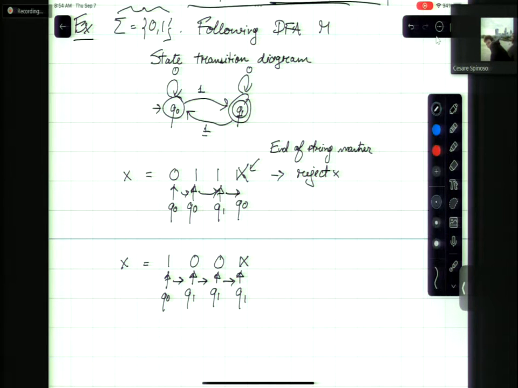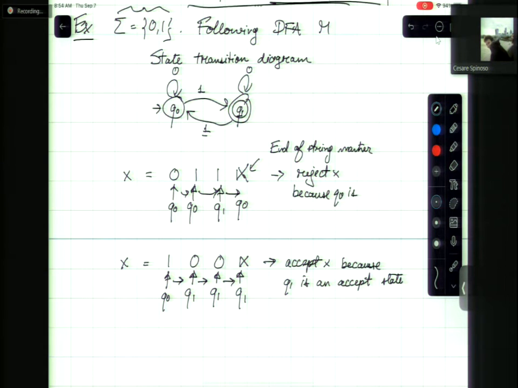So you accept X, and here I'll write because Q1 is an accept state. And here you reject X because Q0 is not an accept state.